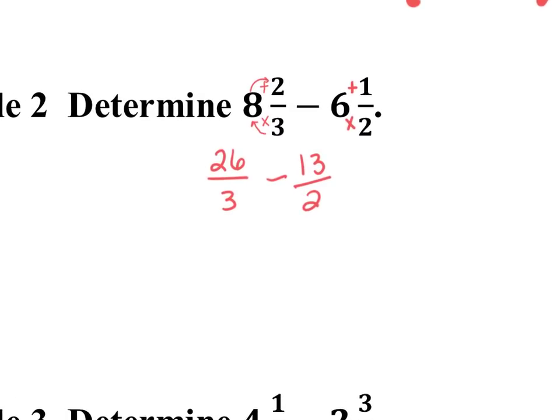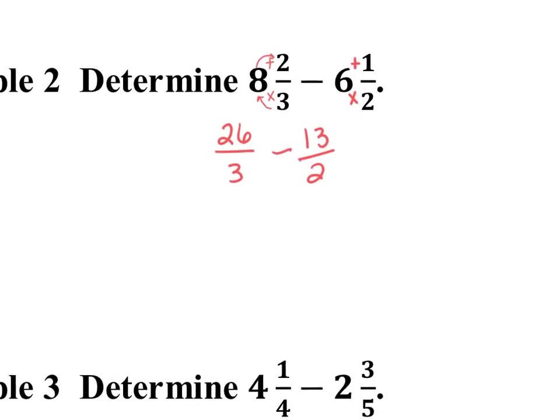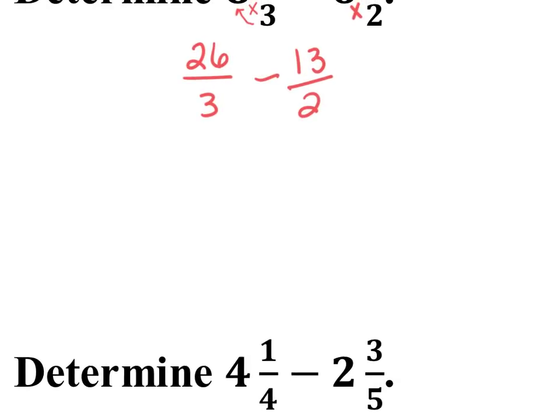So we're going to get a common denominator first. What is the common denominator between 3 and 2? Well, it's 6. So I'm going to go to 6 here. The way I move from 3 to 6 is times 2. 26 times 2 is 52.